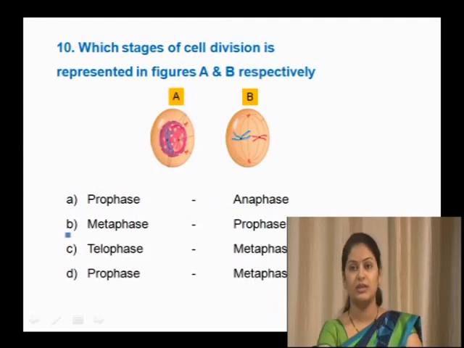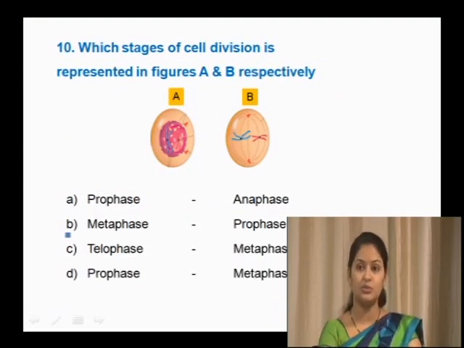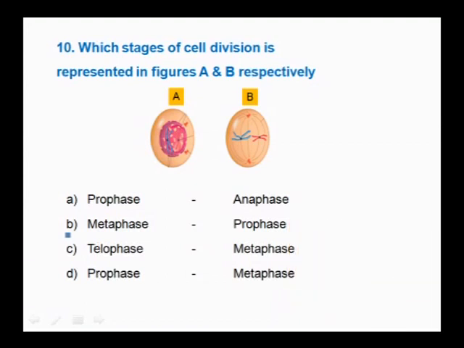Next question. This question shows two diagrams, and you have to identify those two cells respectively. What you can observe in diagram A is that it still has the nuclear structure, and the process of condensation of chromosomes has started occurring. Therefore, you can identify it as prophase, exactly late prophase.